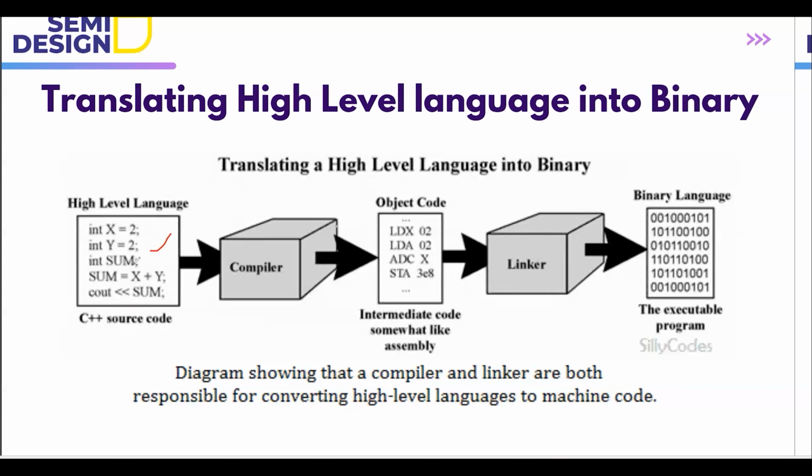After writing the high level language, we give it to the compiler. The main use of the compiler is that it will convert the high level language into assembly language. What is assembly language? Assembly language is nothing but the instructions. For ARM, x86 and RISC-V processors, we have different types of instruction sets, so it will convert into the instruction set.